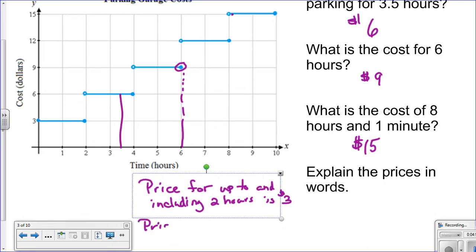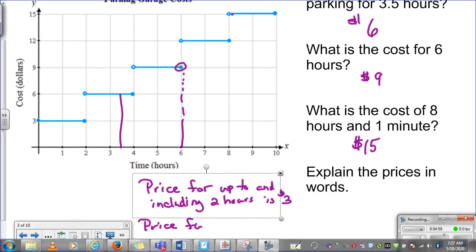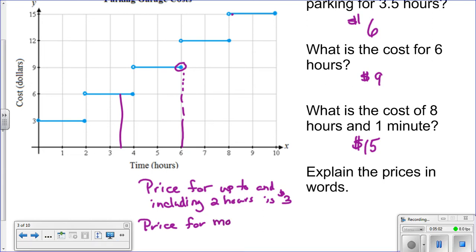The price for more than 2 hours up to 4 hours is $6.